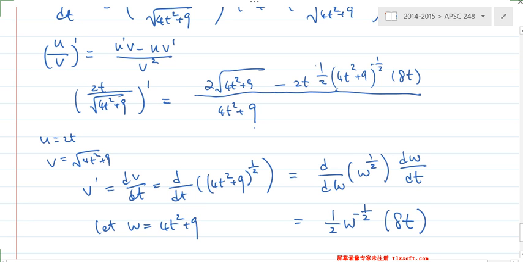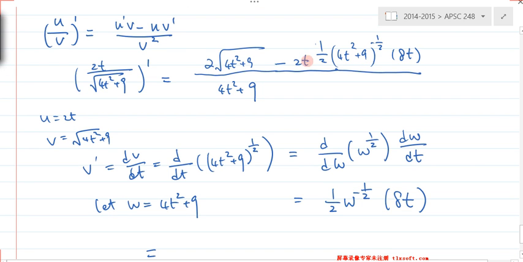But the problem is, if I ask you to do one more derivative based on this one, that's impossible to do without simplification first. So you have to simplify this expression first.